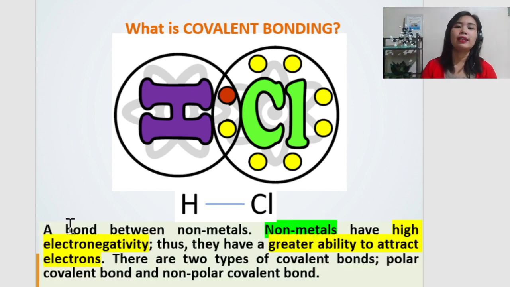So, covalent bonding is a bond between non-metals. And these non-metals have high electronegativity, meaning they have a greater ability to attract electrons. And there are two types of covalent bonds, the polar covalent bond and the non-polar covalent bond.